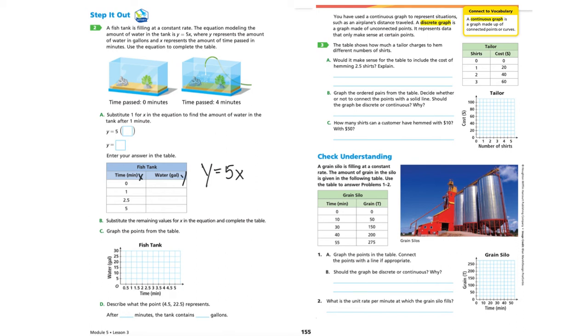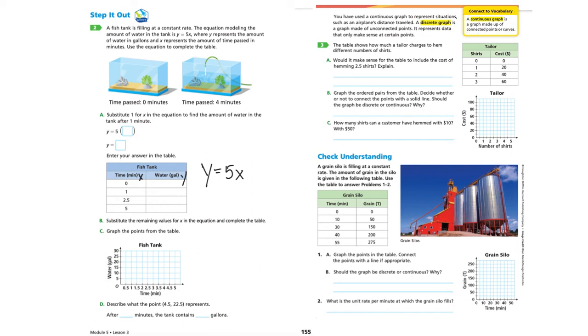The table here shows how much a tailor charges to hem different numbers of shirts. Would it make sense for the table to include the cost of hemming 2.5 shirts? Explain. So that's going to help you think about what's the difference between a discrete graph and a continuous graph.